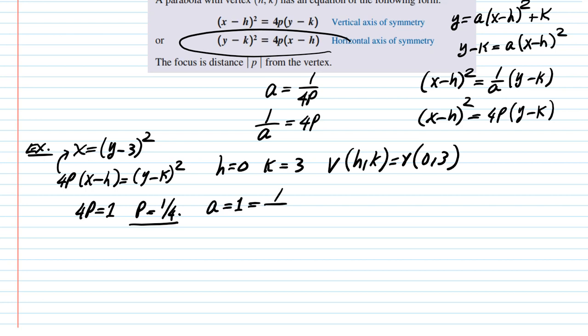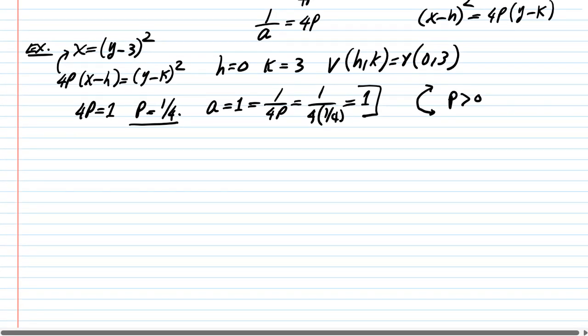Remember, a is 1 over 4p, which is 1 over 4 times 1/4, so a is 1. Because p is positive, or a is positive, the parabola will open, in this case, to the right, correct? Because p is positive.